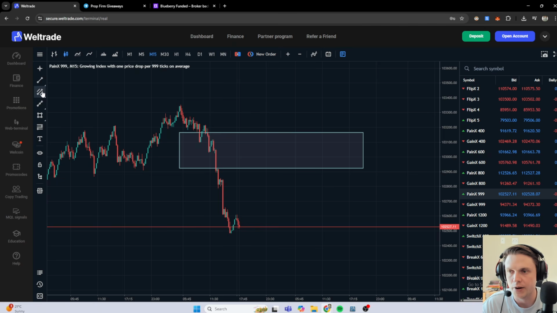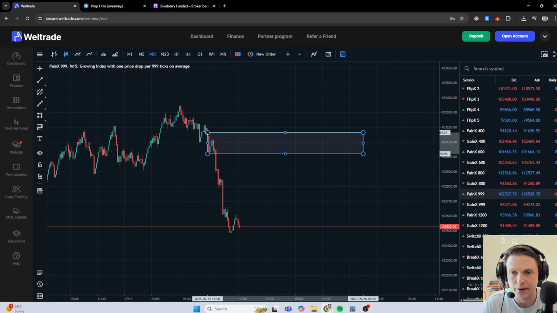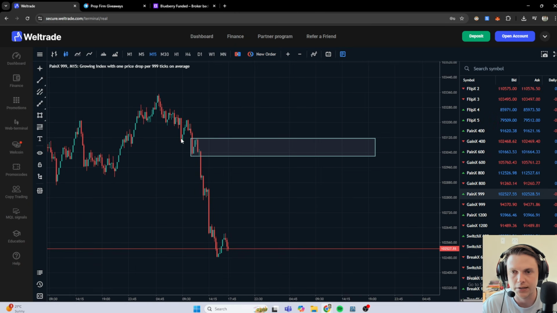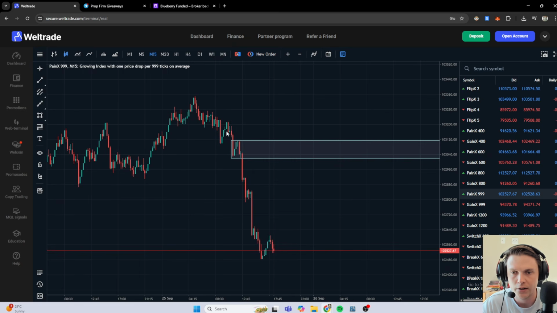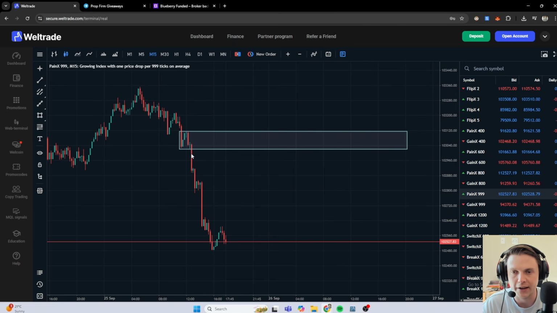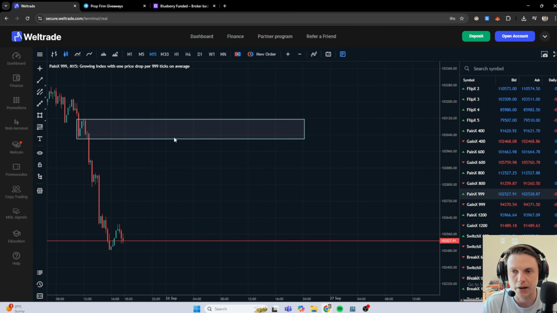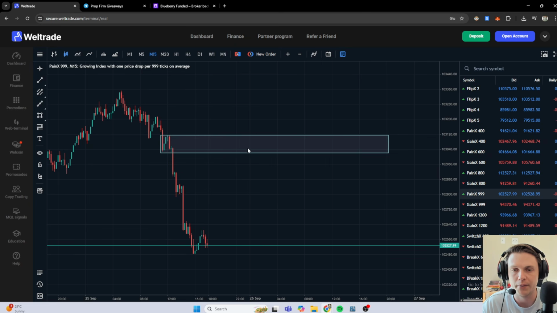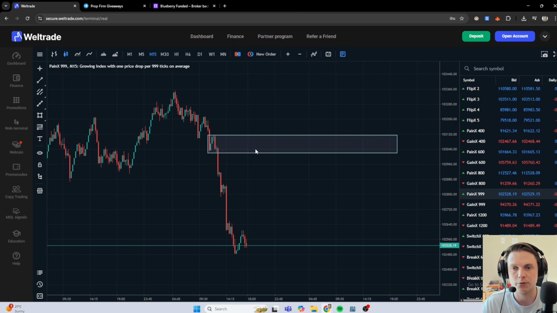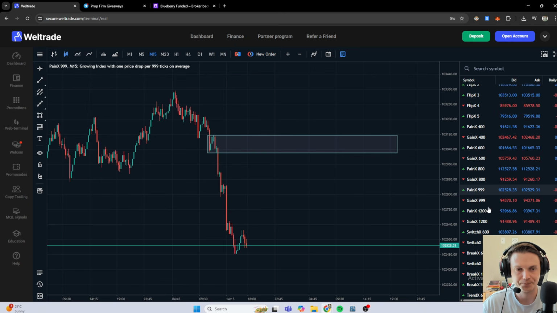We'll have to wait for it to come into one of these order blocks. So I would say this is the most likely area for it to come and sell off, because this area is an order block here to the left. This is an order block and they overlap kind of with a nice fair value gap here. You'll wait for it to come up here, then you go to your lower time frames for the sell further down. So currently very bearish. We need for it to come back up into this area to sell down again.